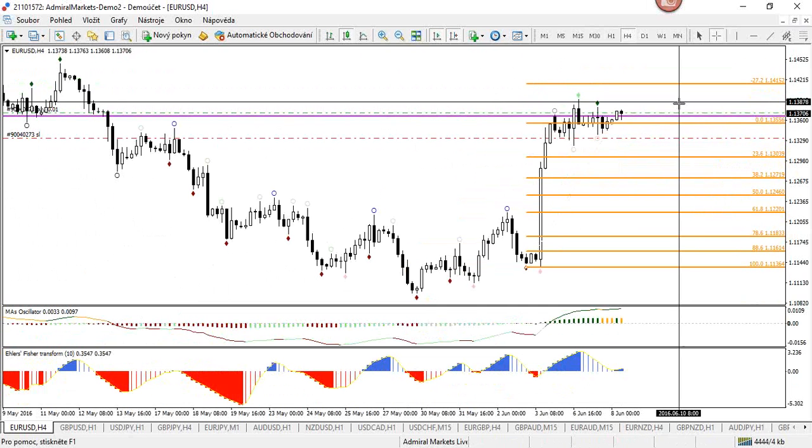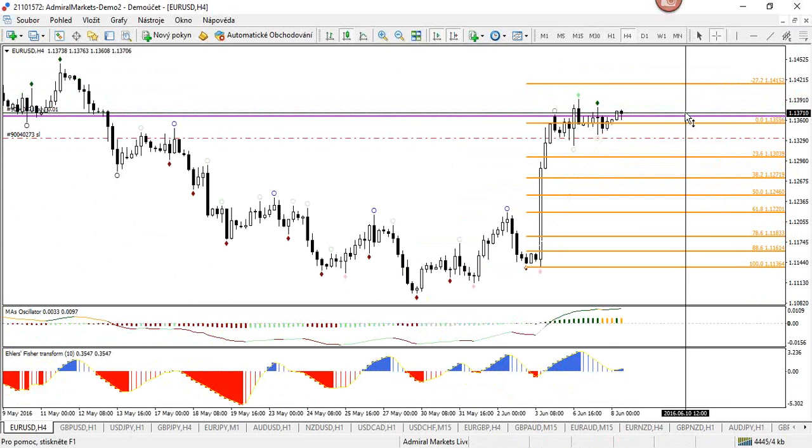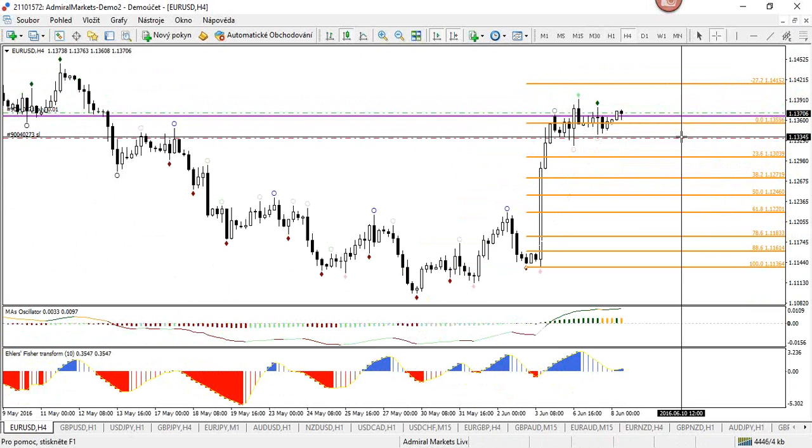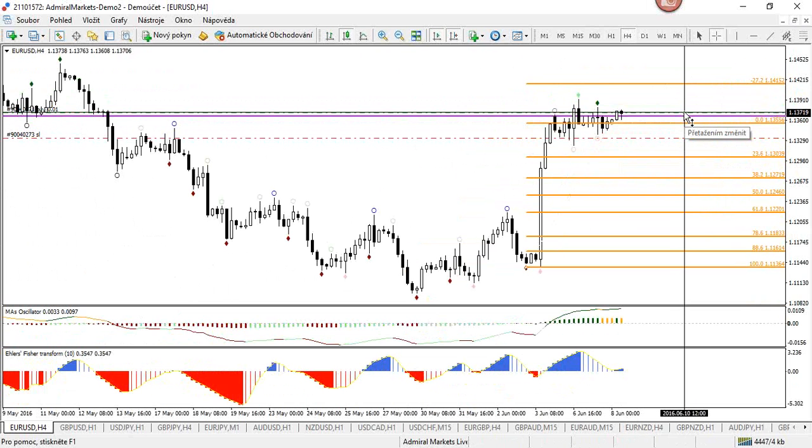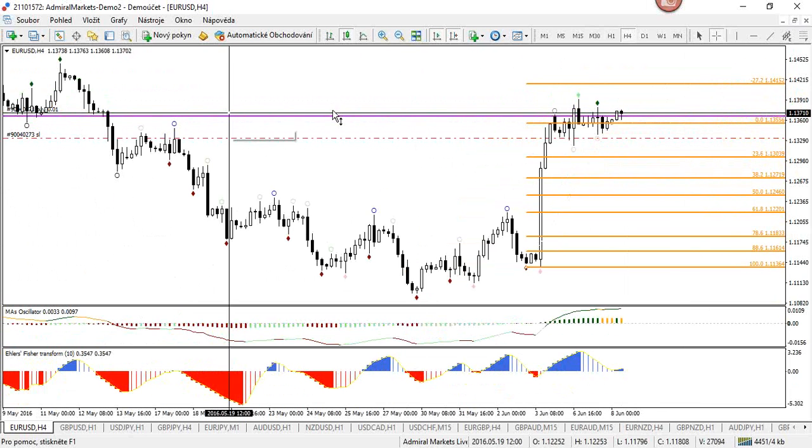So if we aim for the minus 272 target, we're looking at about 45 pips versus a 37 risk, I think. Let me write that down. 45 reward, 37 risk. So it's about 1.2 to 1.